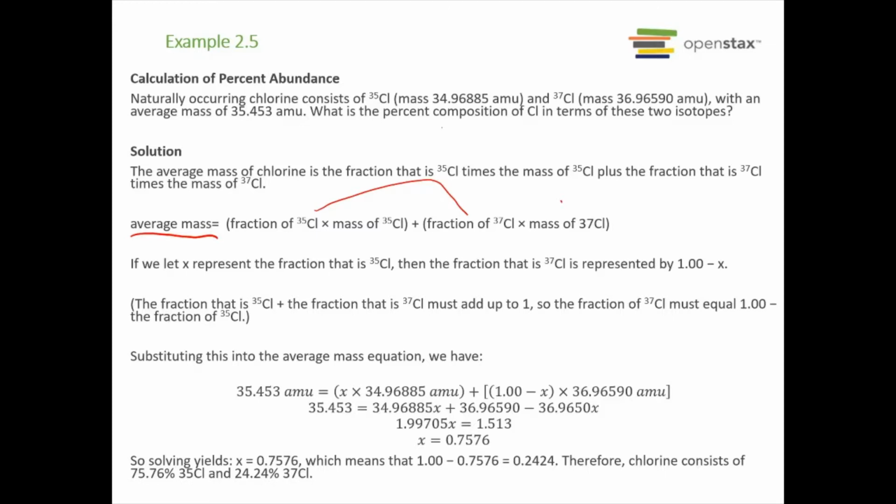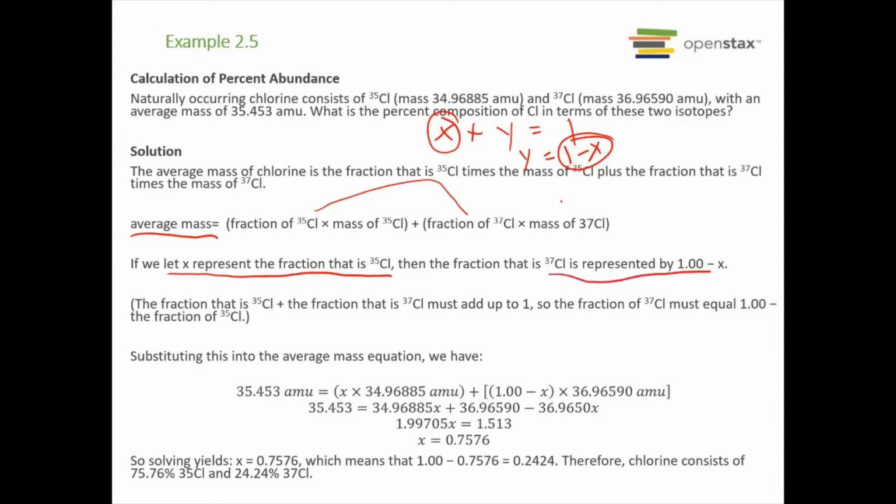So if I say that X is chlorine 35 and Y represents chlorine 37, those add up to 100%, or we'll just say 1 because we'll do them as decimals. That means if I know X, I can find Y because Y would be 1 minus X. So we let X represent the fraction of chlorine 35.